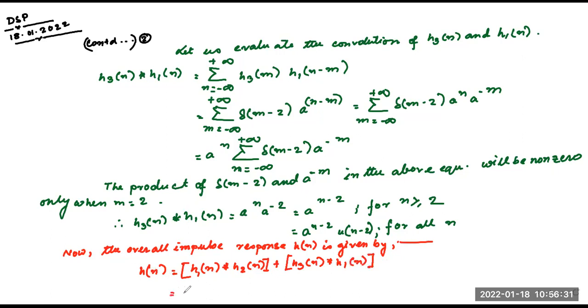So that is equal to a to the power n minus 1 u of n minus 1 plus a to the power n minus 2 into u of n minus 2. That is our answer.